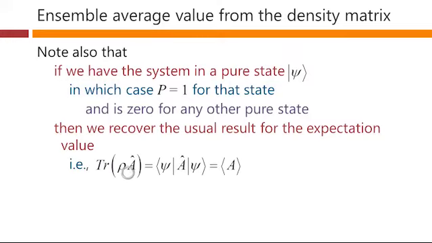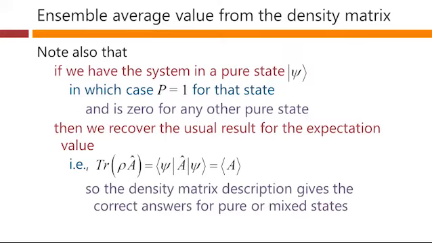That is, the trace of rho times A would just be psi A psi, which is the expectation value of A. So the density matrix description gives the correct answers for pure or mixed states, and sometimes we will see the density matrix used in a situation where we're only actually working with pure states. But we can use the density matrix formalism whether we're working with pure or mixed states, so it's a slightly more general way of writing down quantum mechanics.